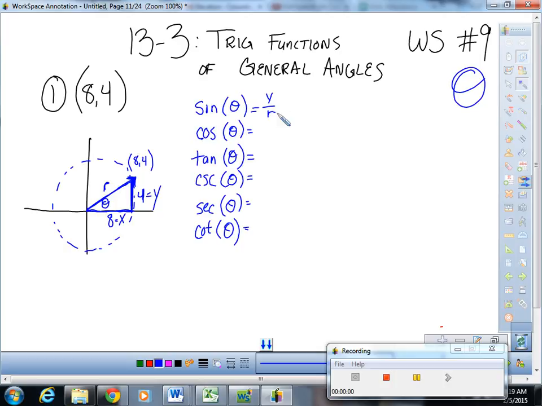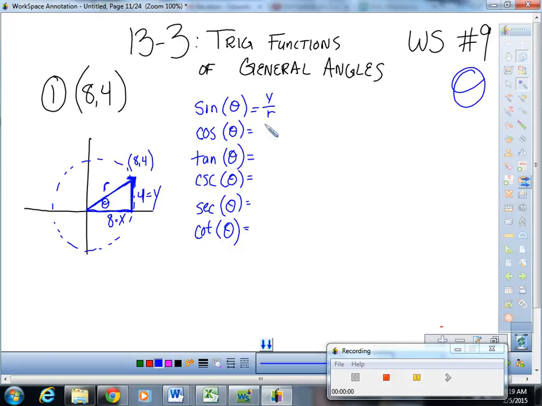That's still SOHCAHTOA. Can you look at the triangle real quick? What is opposite of the theta? Well, that's our y. And what is our hypotenuse? Our r. So this is still just SOHCAHTOA. Now we're just representing it with algebra instead of geometry, so we're using different letters.